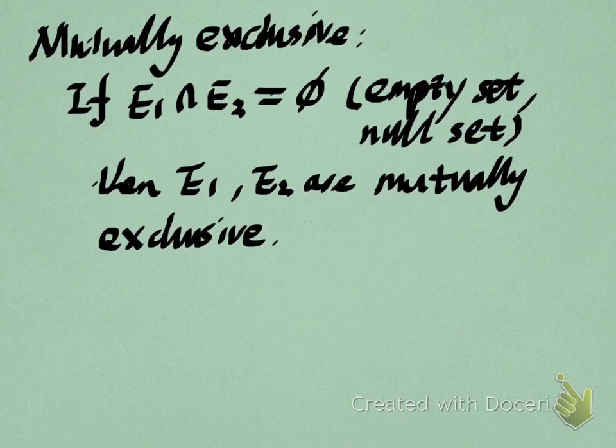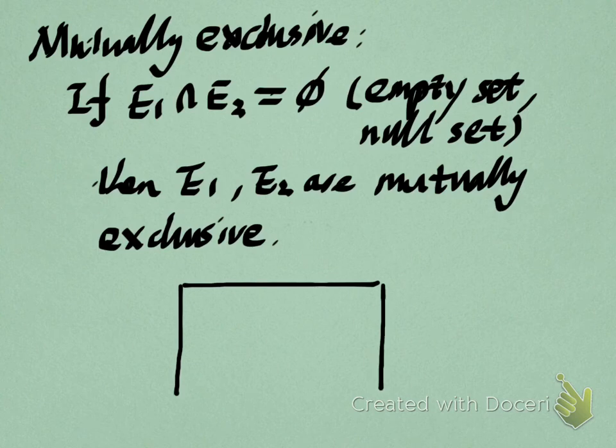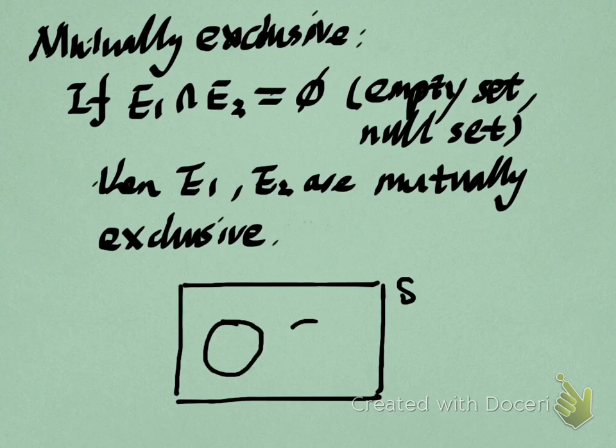If we show this with a Venn diagram, we have the whole space as a rectangle denoted by S, and then 2 circles that have no intersection. That means if we look at the curves of the circles, they have no intersection.